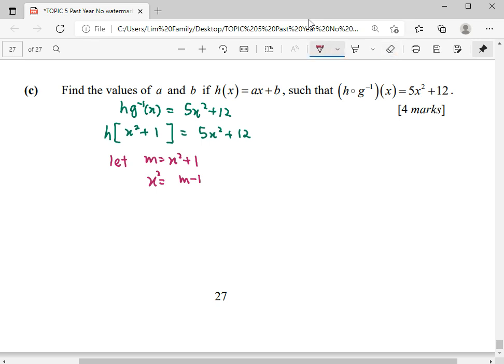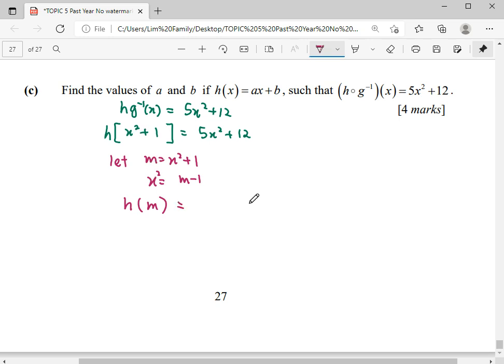So by using this, I can get hm. When I let x squared plus 1 become a single term, it becomes m. My mapping of the function is hm. So in a single term, it is equivalent to x. For x squared plus 1, it is not the same as hx. They are not mapping the same things. So when I see the bracket, the mapping domain here, I have to let it be a single term.